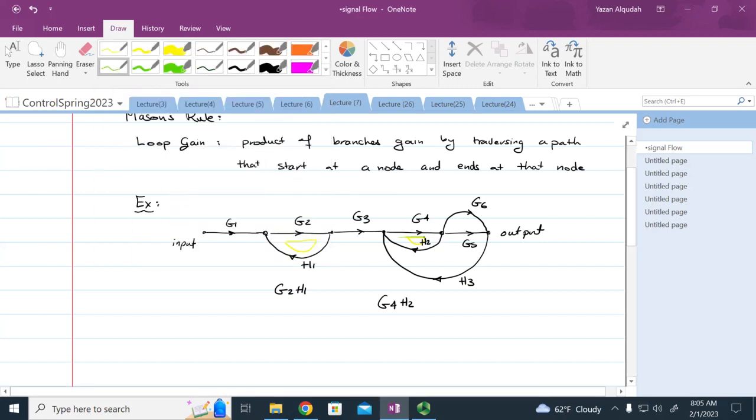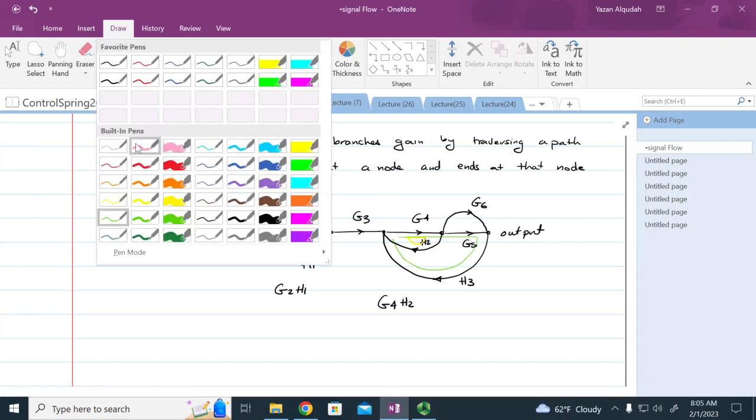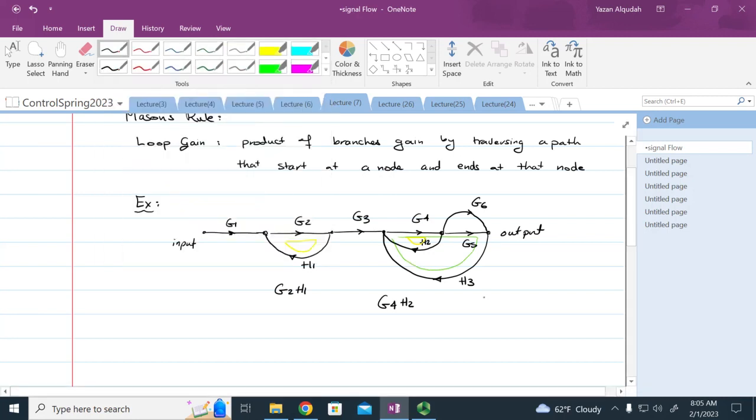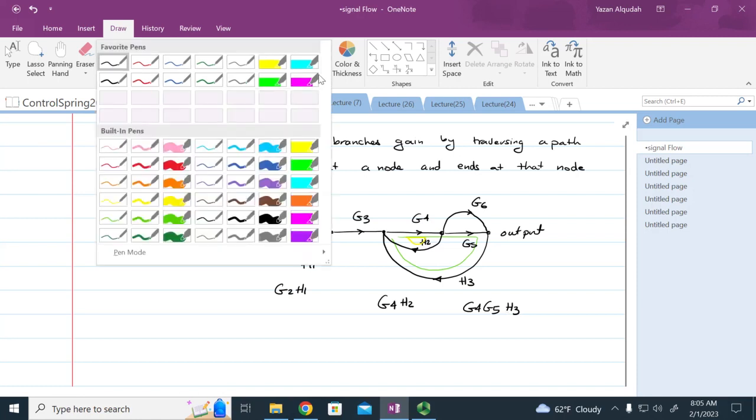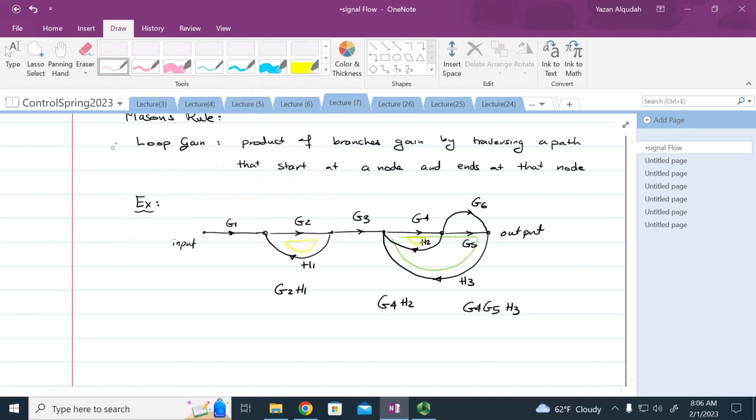And do we also have G4, G6, H3? Very good. So we have G4, G5, and H3, and also G4, G6, and H3.